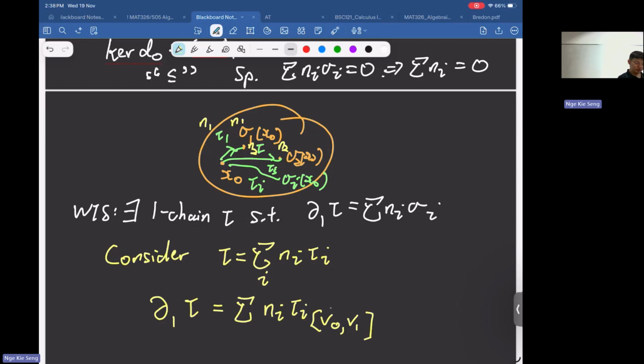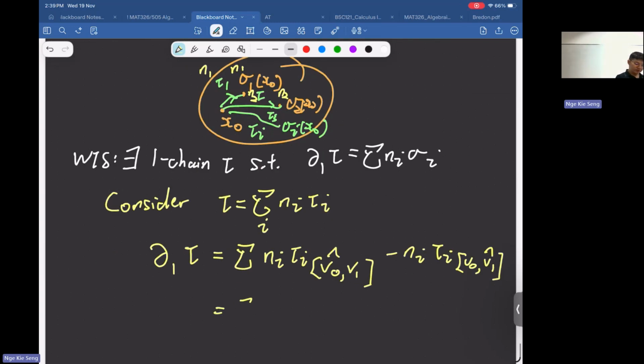If you throw away V0, you get plus, and if you throw away V1, you get a minus. Let's check. But what's your starting point for all these tau I here? The starting point is X0. So this is your ending point.